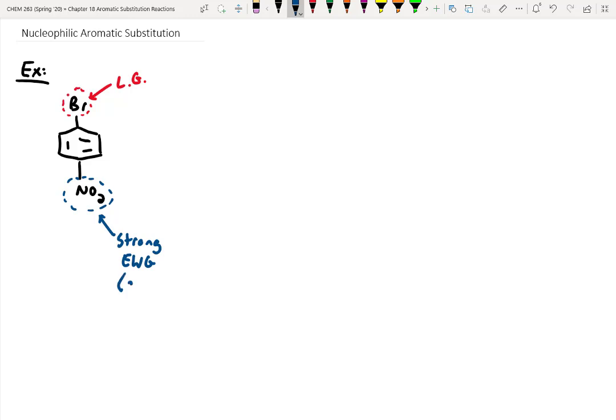And that electron withdrawing group needs to be ortho or para to your leaving group. In this reaction, we're going to treat this with a really strong nucleophile. In this case, even hydroxide is strong enough to work. So I'm going to label this as a strong nucleophile. It has to be something with a negative charge.